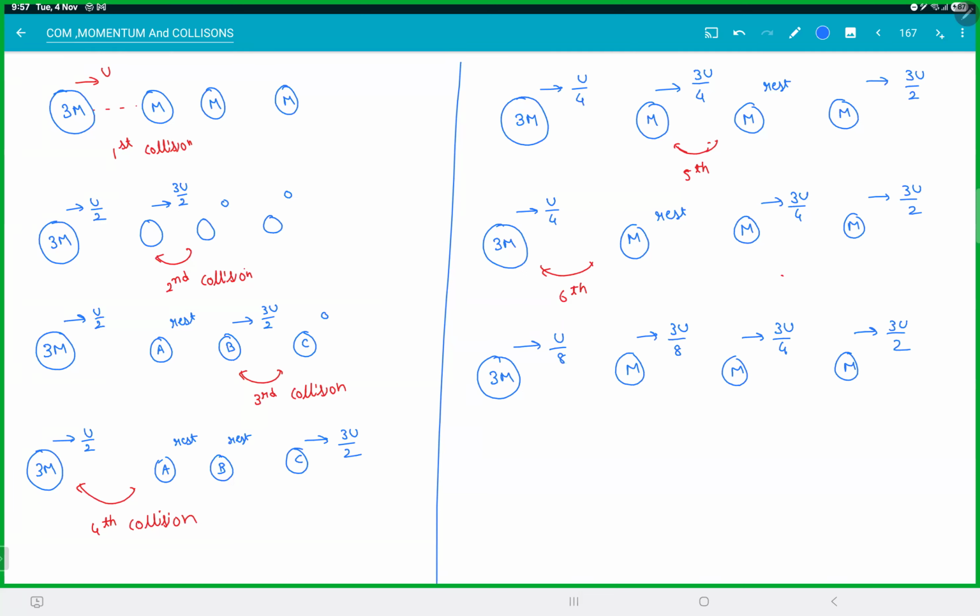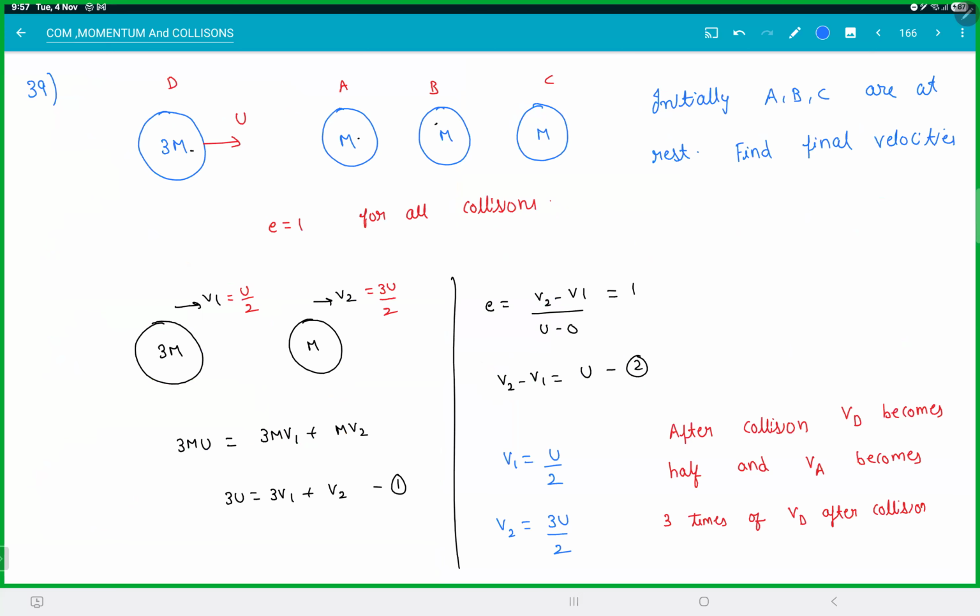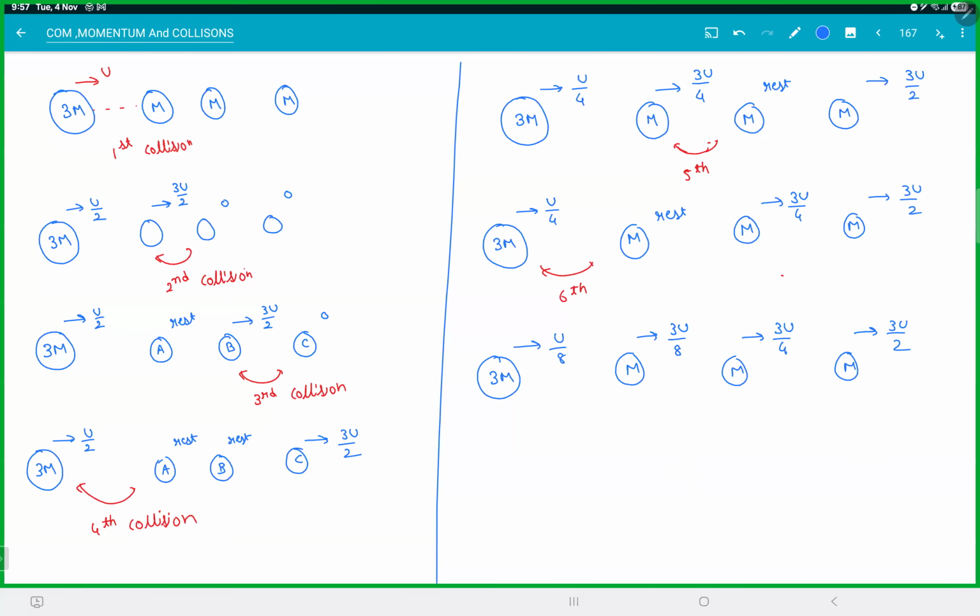Is that making sense? So in total, 6 collisions. So if you just do this one time, you can just keep using the result continuously. See, u is a variable. Every time it just keeps becoming half. Is this making sense, everyone? Since C's speed is the maximum, it will not meet anyone. B's speed is next, and then A, and then D. So after this, there are no more collisions.